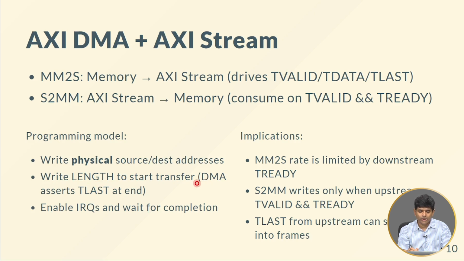And the DMA module automatically asserts what's called a T-last signal at the end. As I said, the T-last is used for framing to indicate the end of a packet. It's just a 1-bit signal, but very useful, because if I, for example, tell it a length of 16 words, the DMA will automatically go through, transfer 16 words, and on the last word it will make the T-last signal equal to 1.